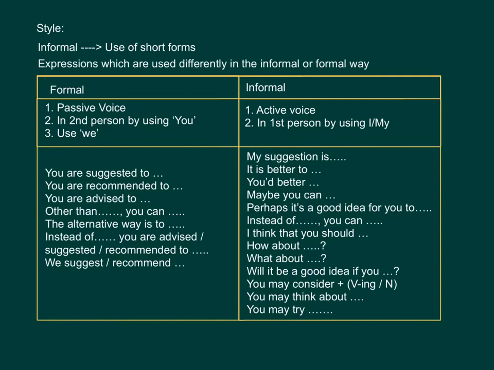I think that you should. How about? What about? Will it be a good idea if you? You may consider, adding verb with ing or noun. You may think about or you may try.